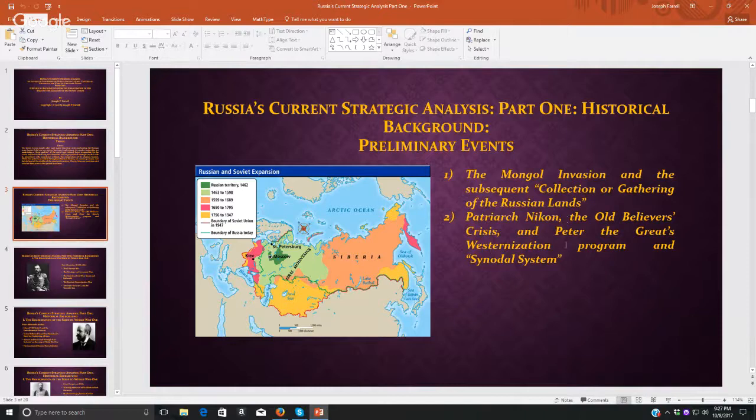Now, over here on the right part of the screen, you'll see a second crisis that happens after all of this begins to start up in the 17th century.